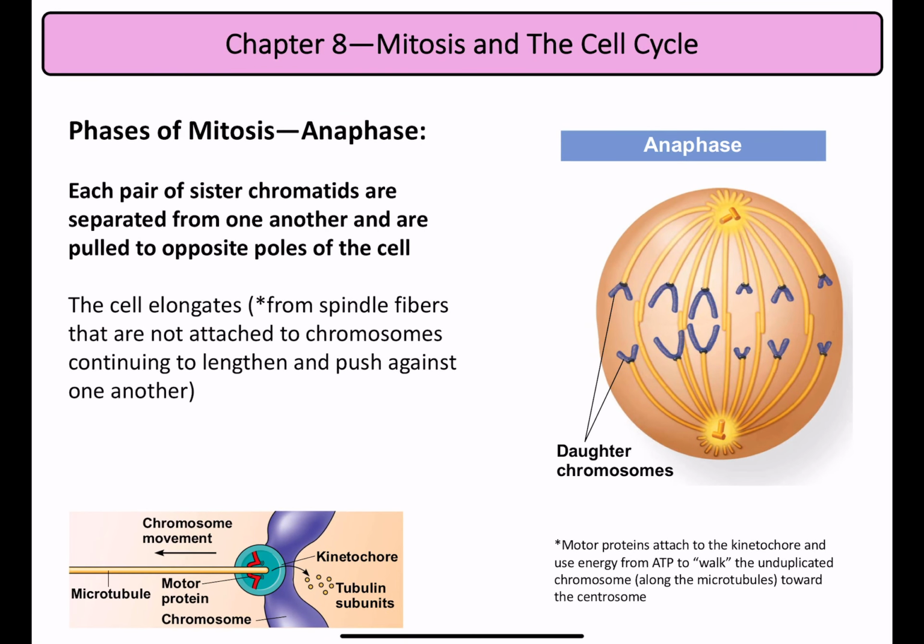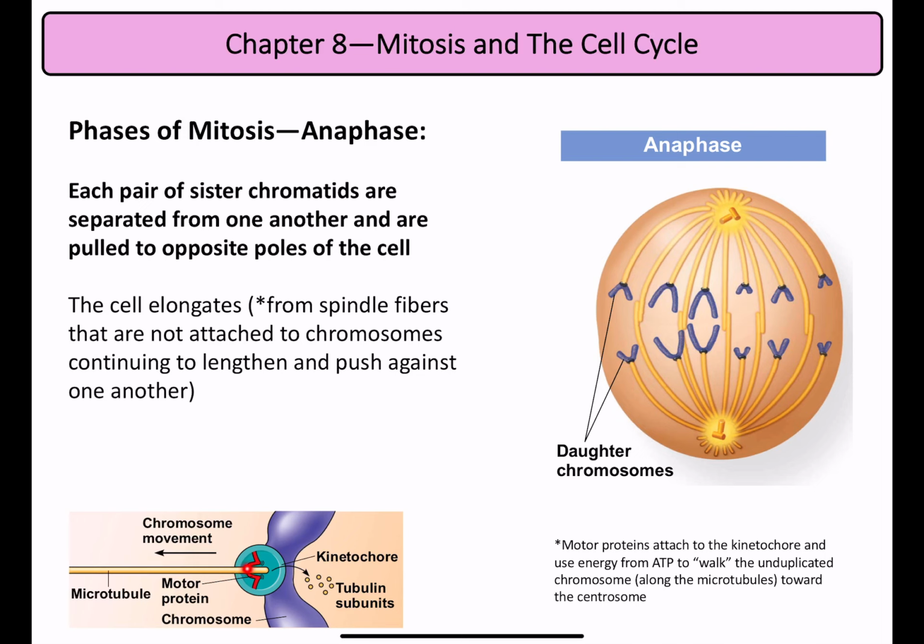And the answer has to do with a protein that uses ATP. In red here at the bottom, it's called a motor protein, and it basically carries the chromosome and uses ATP to walk that chromosome backwards along that microtubule filament shown here in yellow. And it pulls and drags that chromosome all the way back to the centrosome.